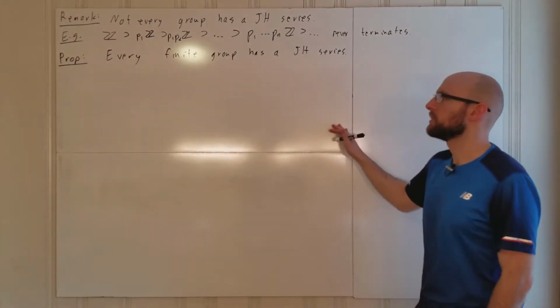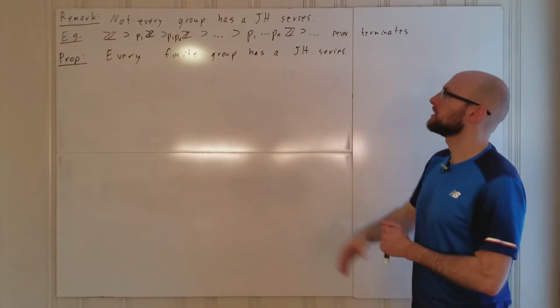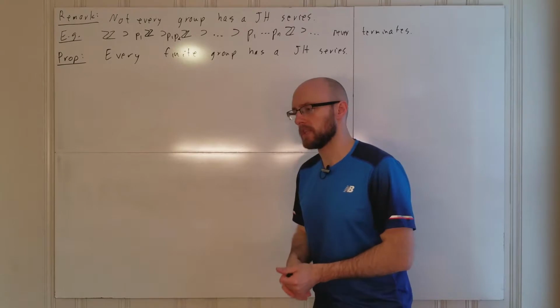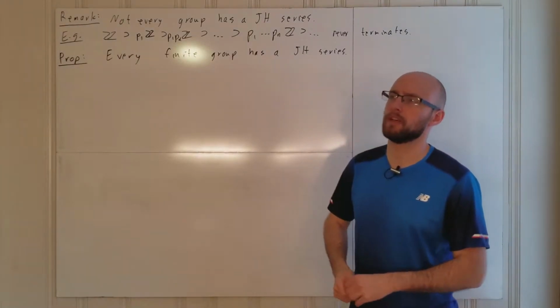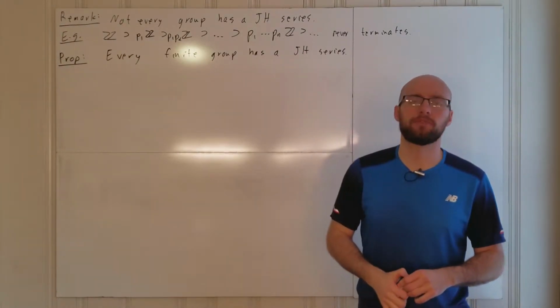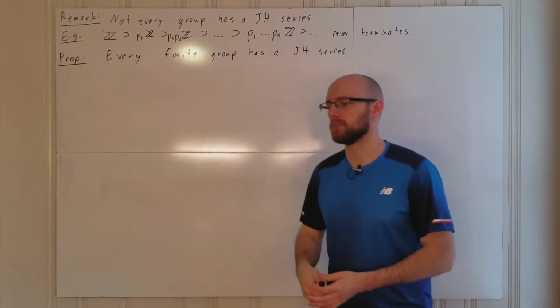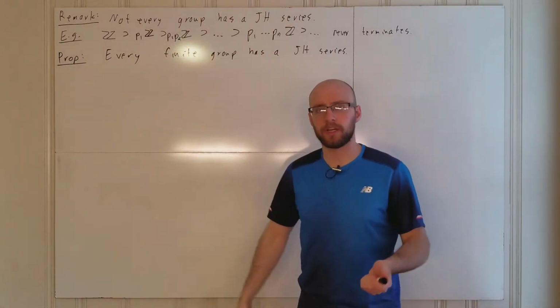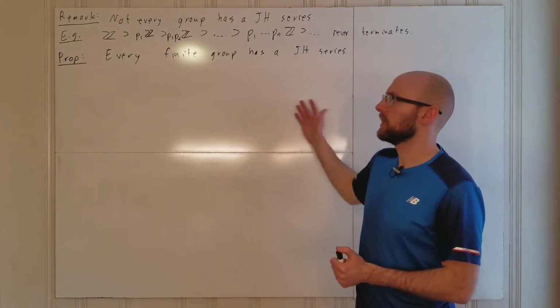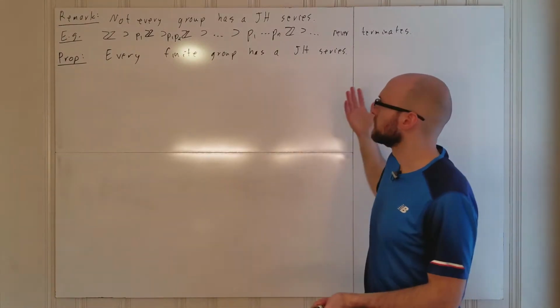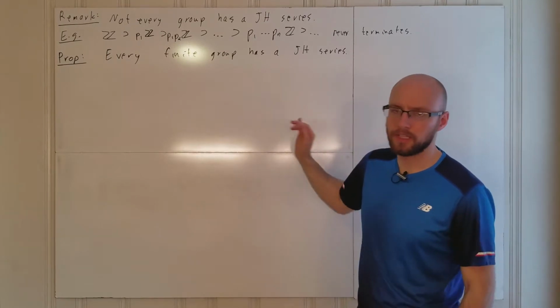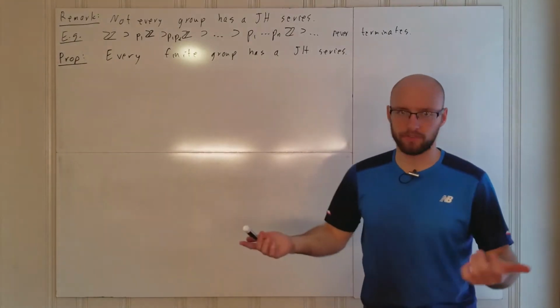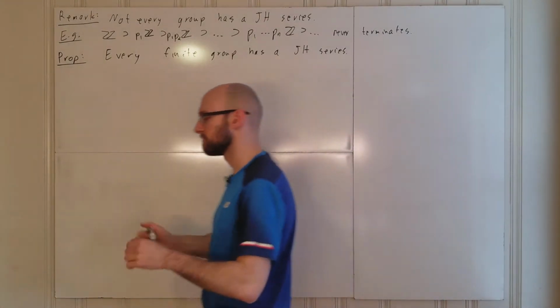And then you just keep going, and if the group has size n, you can only possibly do this n many times, or it might be n minus 1 or n plus 1. I might be off by 1 or something, but it's certainly finite. You can only do this a finite number of times, and eventually you're going to get to the identity, and you're going to have yourself a Jordan-Holder series. So there you go.